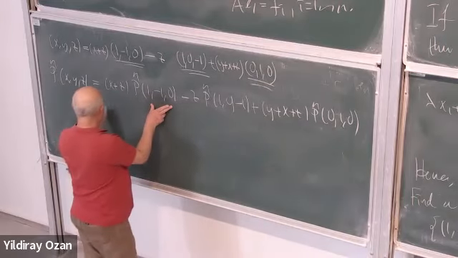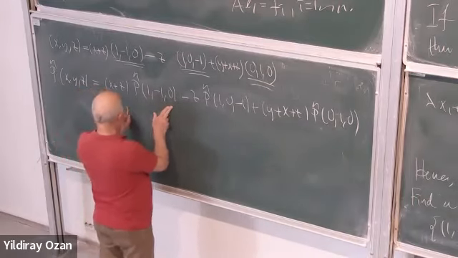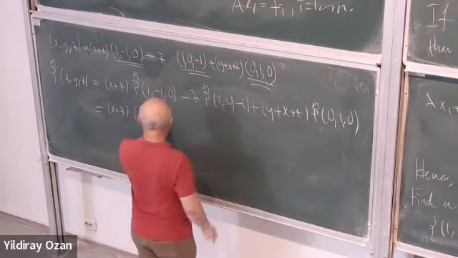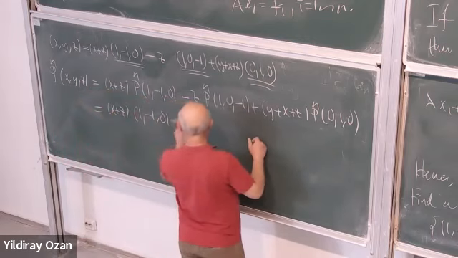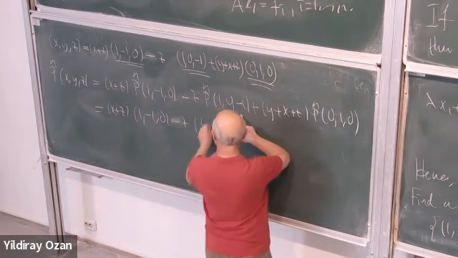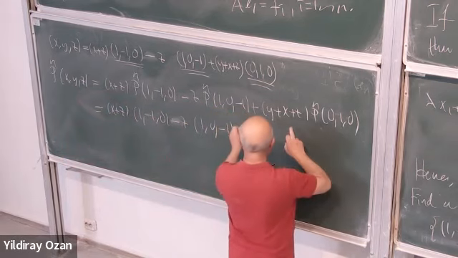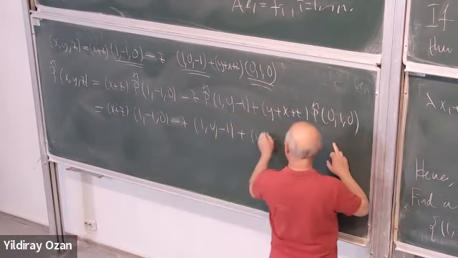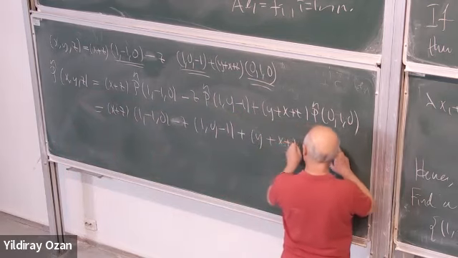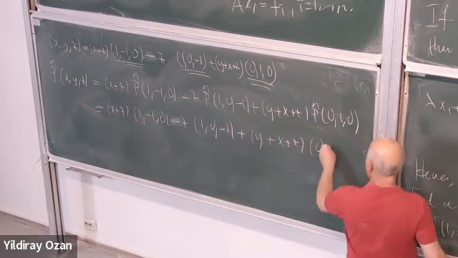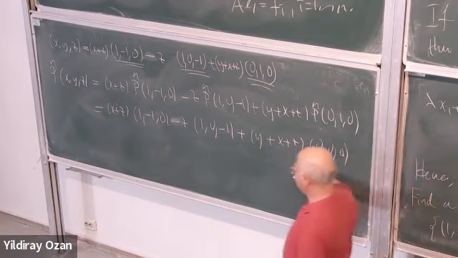Well, this was defined to be what? This was defined to be 1, minus 1, 0. This was defined to be 1, 0, minus 1. And this was defined to be 0, 0, 0. So this is done.